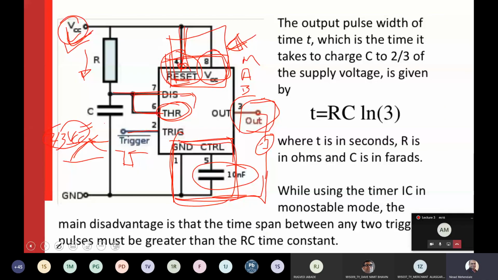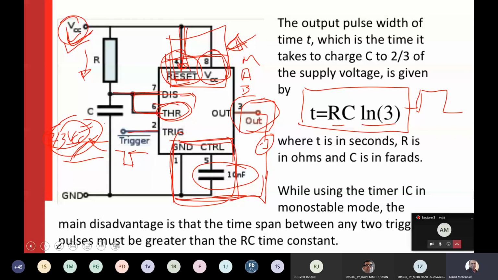As soon as that happens, your capacitor, which has already crossed 2/3 of VCC, will get discharged, and again it will start charging to 2/3 of VCC. And the total time for which the output remains high is given by T equal to RC natural log of 3.